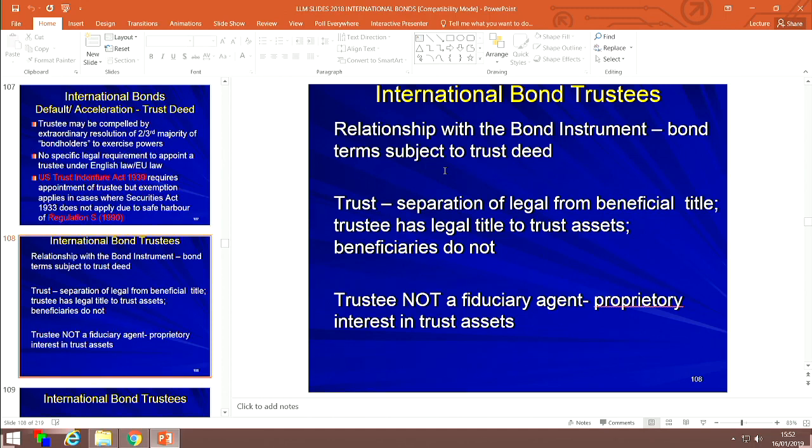But importantly, the legal title to those assets has to be separated from the beneficial interest or the beneficial title to the assets. The trustee remains the legal owner of whatever the asset is, and I'll talk about it in a minute, whereas somebody else happens to be the beneficial owner of the assets. That's the starting point of understanding this structure.